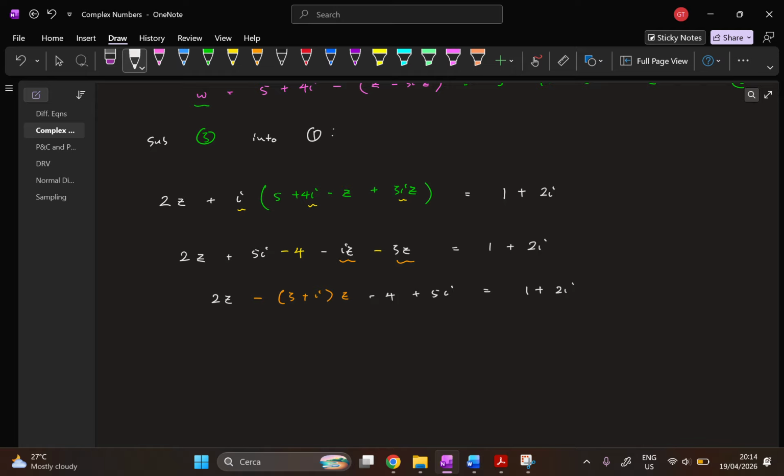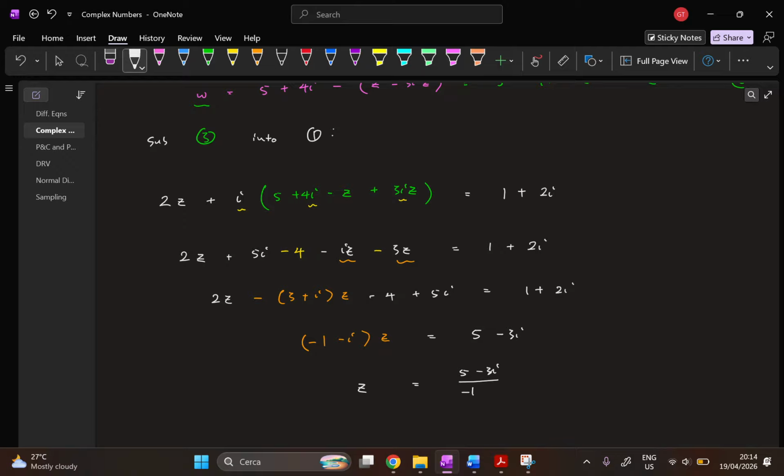So now I'm going to move everything that is not z over to the other side. So I will end up getting this. So I move this term, this term, this term to the other side. I will get 5 minus 3i, and then I will just divide across to get this fraction.